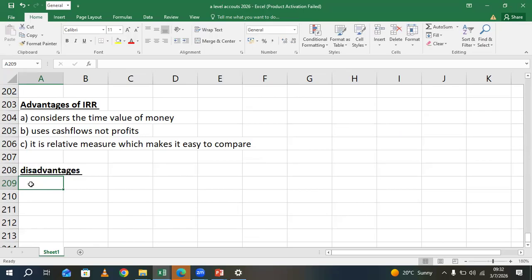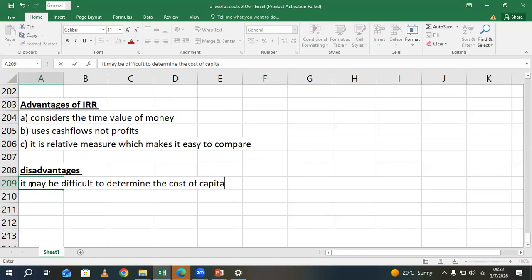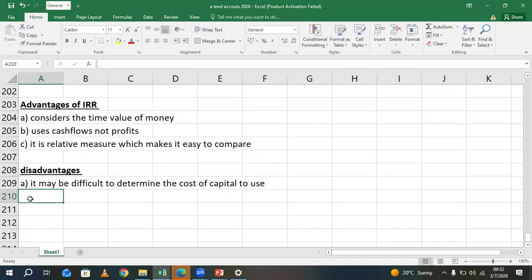It may be difficult to determine the cost of capital to use. When you're calculating, like what we did, we had to pick 20, but it might pose some challenges to figure out which cost of capital I should use to get a positive and a negative NPV.